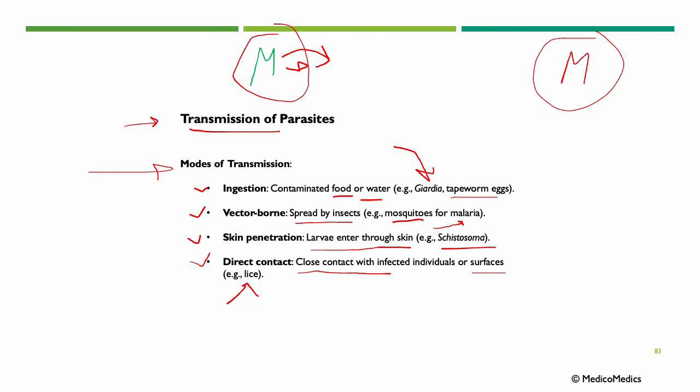Then these sporozoites enter our liver, and they infect our liver cells, also known as hepatocytes. Okay? And what happens is that they then multiply to form something called merozoites. So from sporozoites to merozoites.